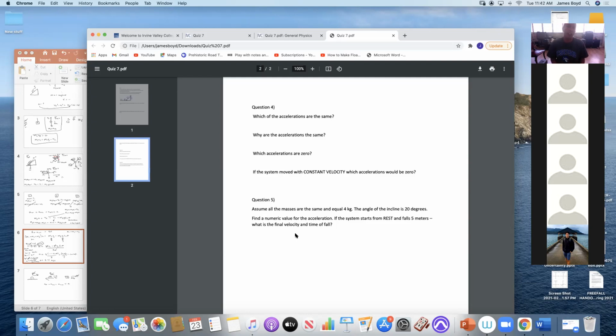So if the velocity isn't changing, then there's no acceleration anywhere. Those two things, starting from rest and constant velocity, you really need to know what that means. If you see those terms in a problem, they immediately imply A is 0 or V initial is 0.